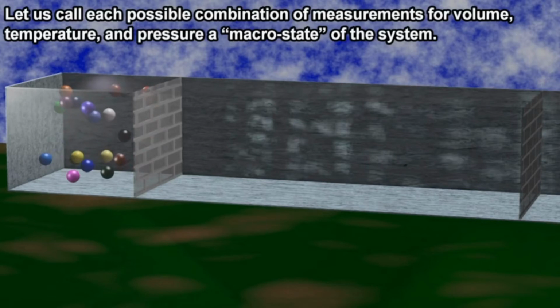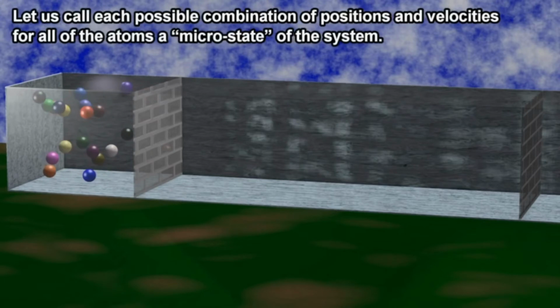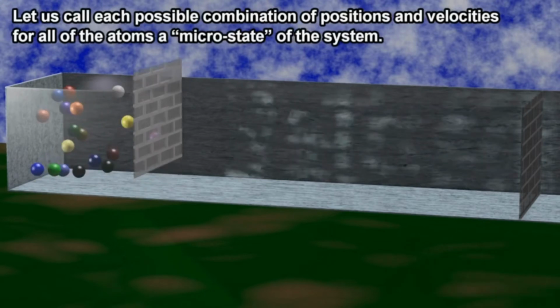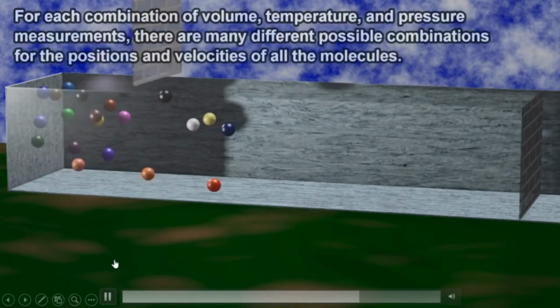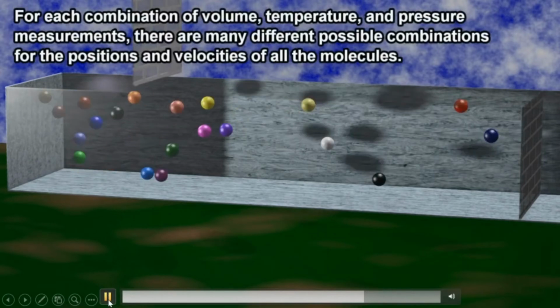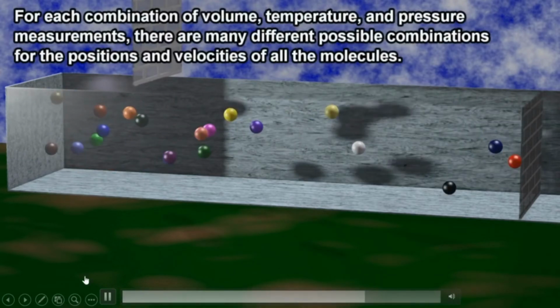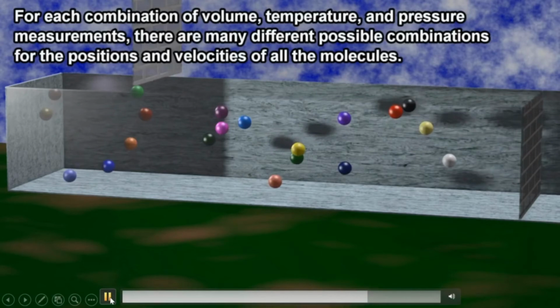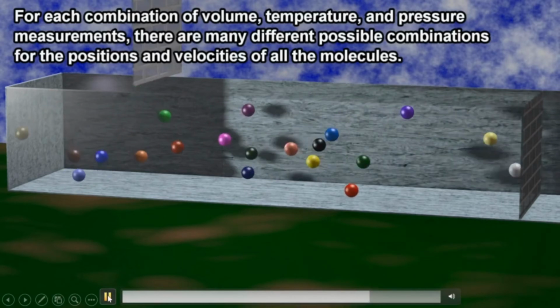Let us call each possible combination of positions and velocities for all of the atoms a microstate of the system. For each combination of volume, temperature, and pressure measurements, there are many different possible combinations for the positions and velocities of all the molecules.